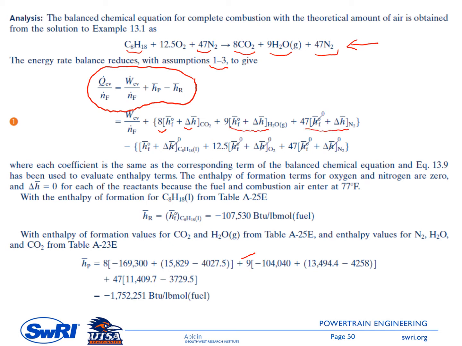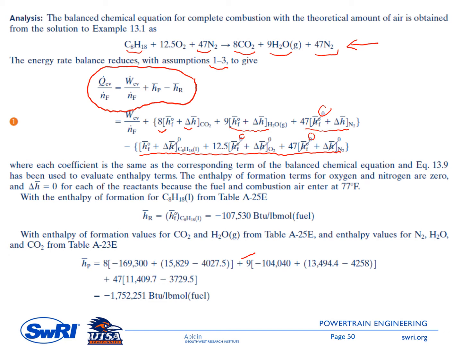And then this one is the enthalpy from the reactant. So it's the fuel and combustion air. So we have a 0 enthalpy of formation for nitrogen here. And then we also have enthalpy of formation of 0 for oxygen and nitrogen in the reactant.